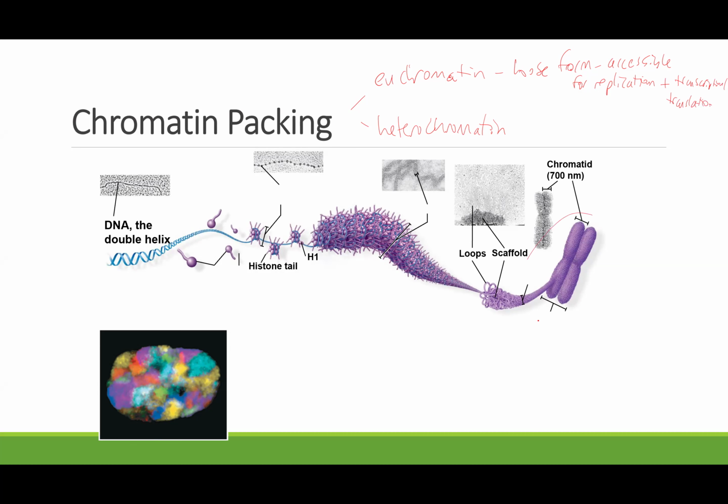So once it's super condensed like it is in metaphase, it's not very accessible for things to happen to it. So in this case, when it's heterochromatin, it's condensed, and the genes that are in it are not expressed at that time. Because it's not accessible to the machinery.